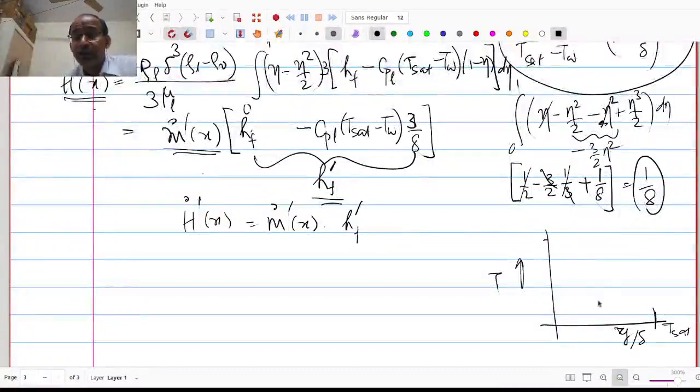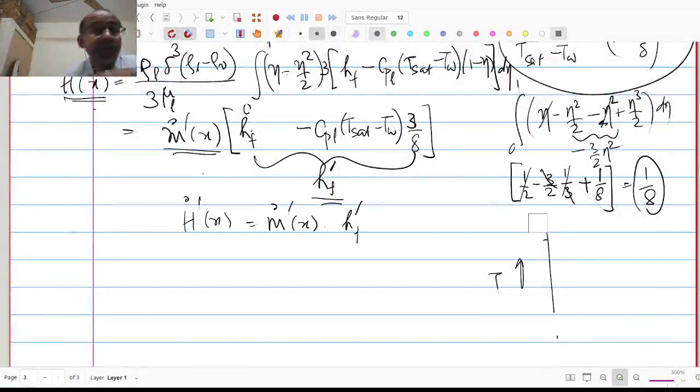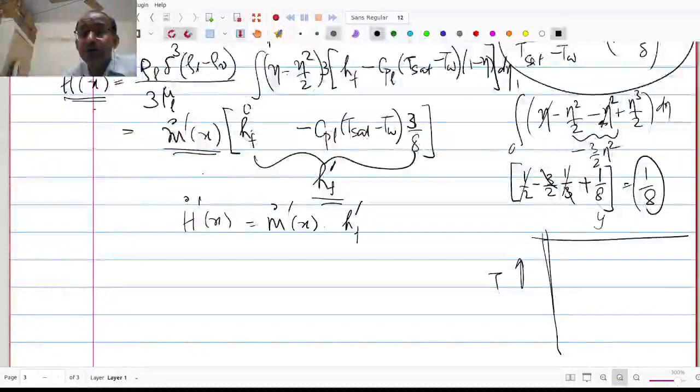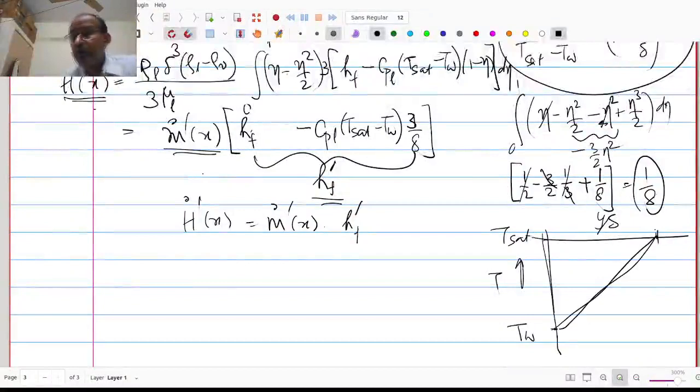Twall is actually lower than Tsat, right? So I should draw it the other way around. Let me just do that. So this is y by delta, which is 1 here, so it is Tsat here, and here it is Twall.